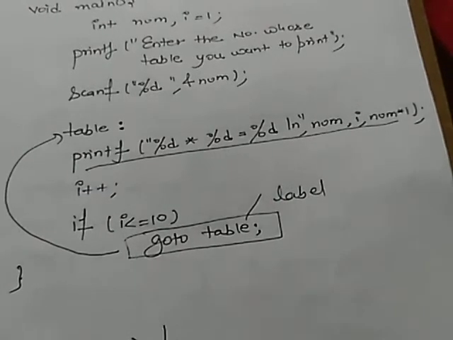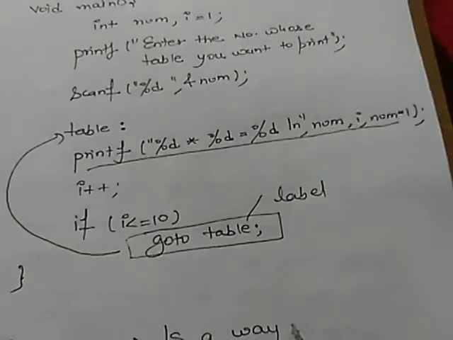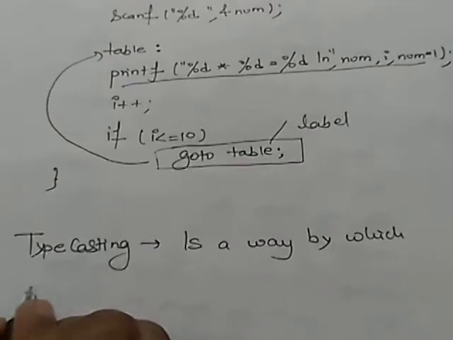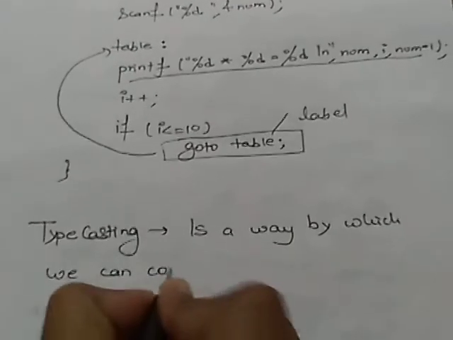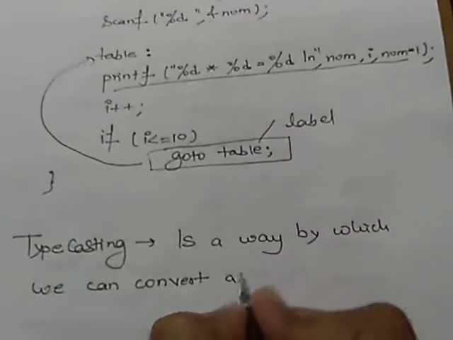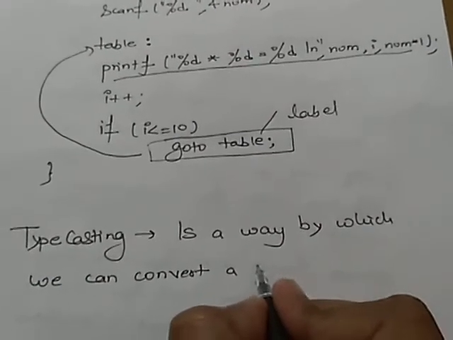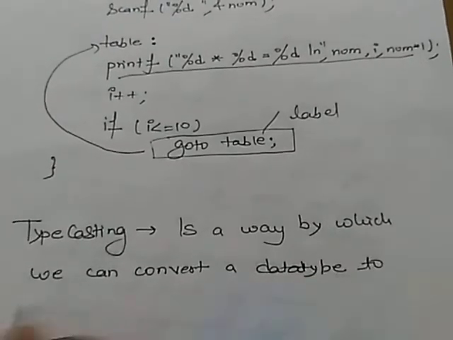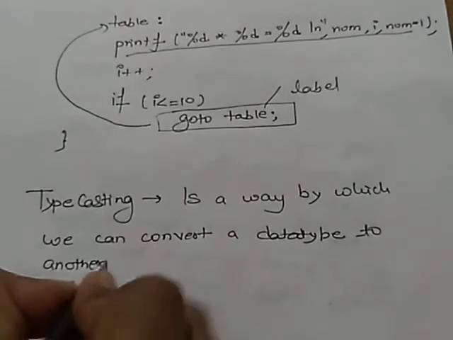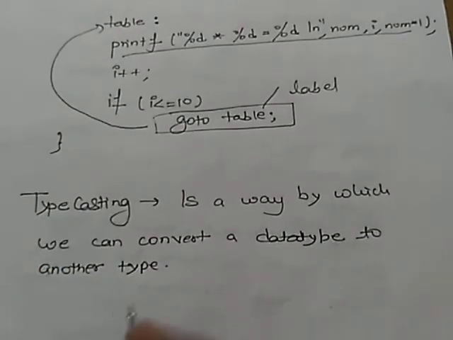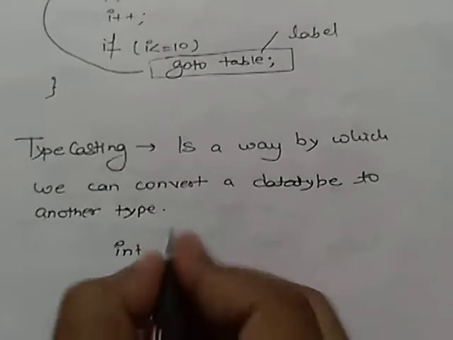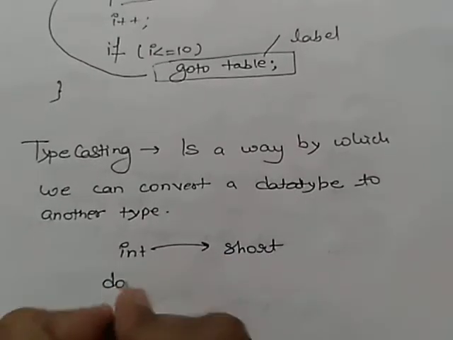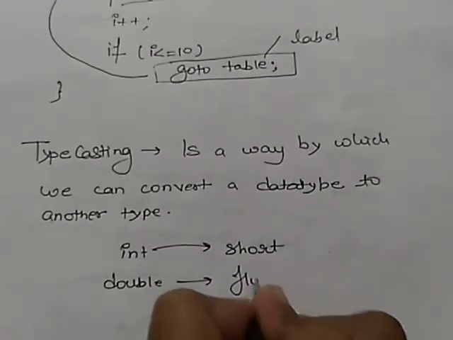Typecasting is a way by which we can convert a data type to another type. For example, we can convert integer to short, we can convert double to float.